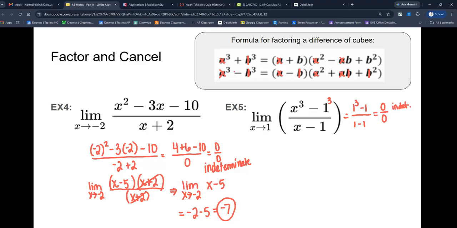So to factor x to the third minus 1 to the third, I'm going to keep my limit notation. I'm not plugging in yet. I will have x minus 1 times x squared plus, I've got x times 1, which is just x, and then plus 1 squared, which is just 1.